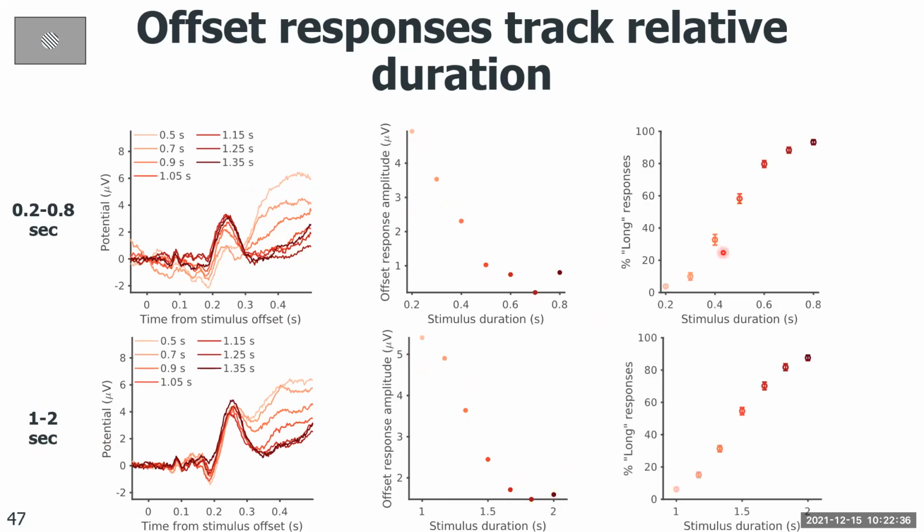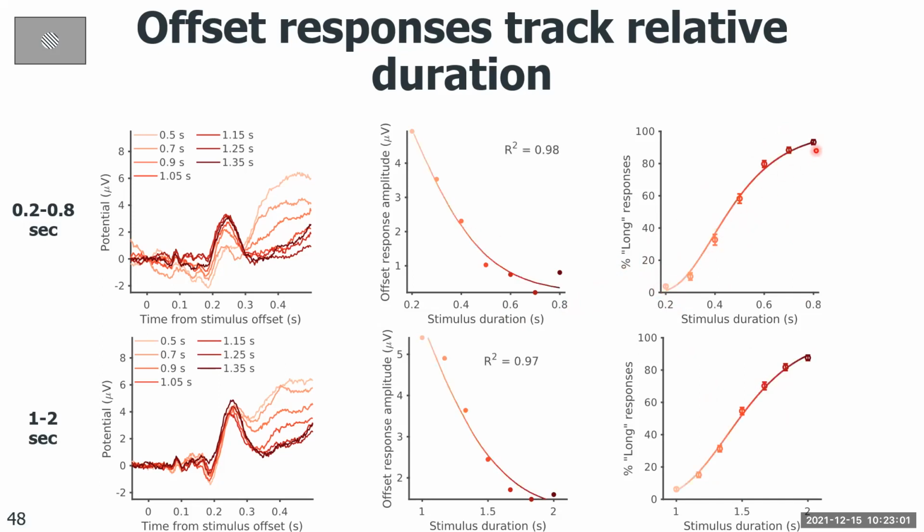Now, of course, we can take a look at the behavior, and as expected, subjects can do the bisection in both blocks just as well. For the longer block and for the short block, we get nice bisection curves. And the last question to ask is whether the model can fit these results as well. So again, we fit the model to the behavioral results and use them to predict the ERP responses. And let's see what we got.